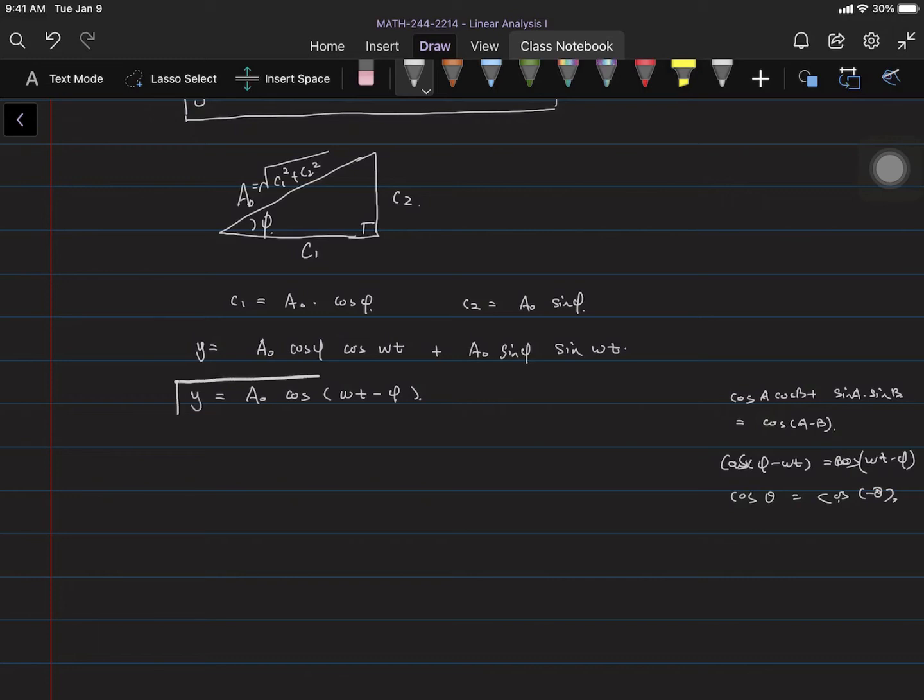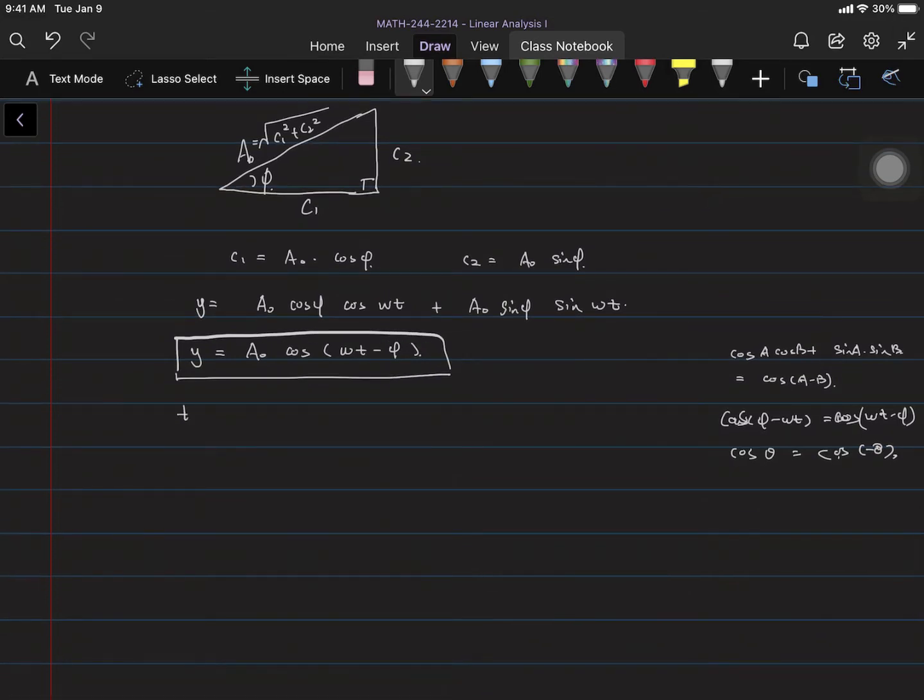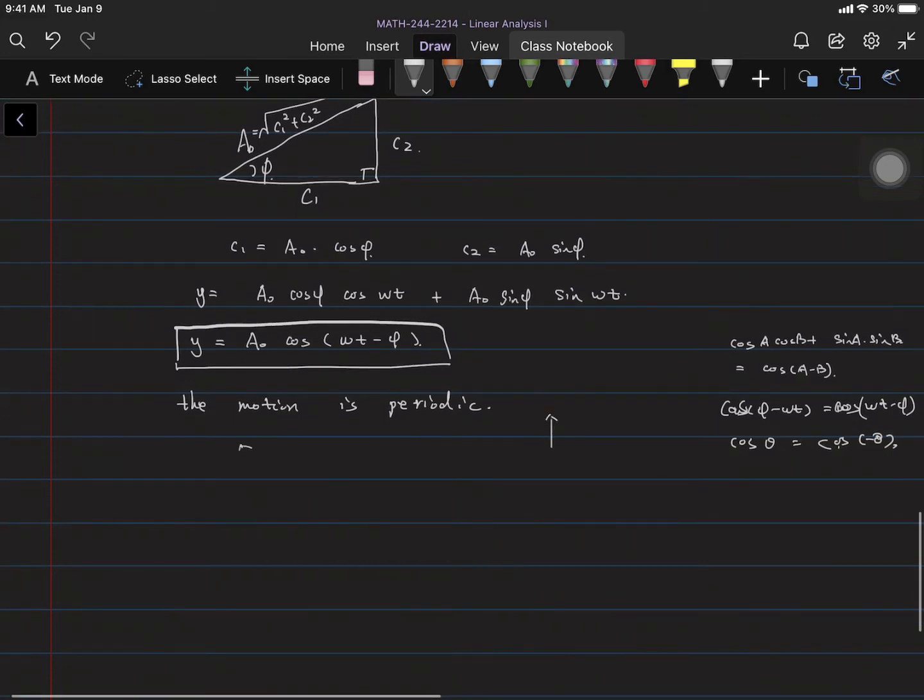We want to rewrite our solution in this form, because now we can see what the solution is. The solution is going to be a cosine function, and we can see the motion is periodic. Because we know what the graph of cosine looks like: if we have cosine theta, it looks like this, right?